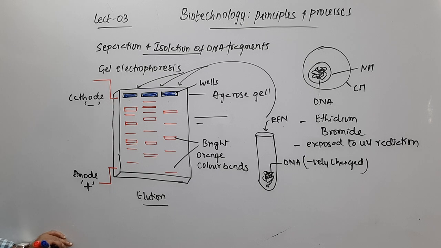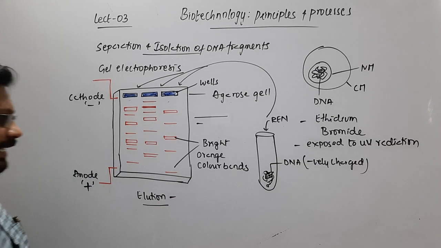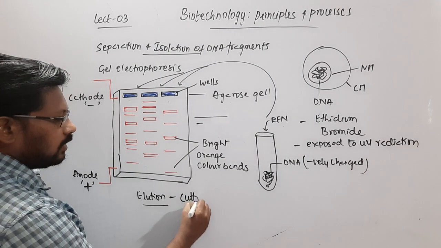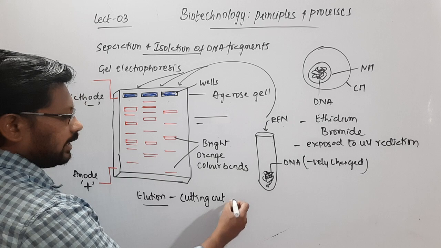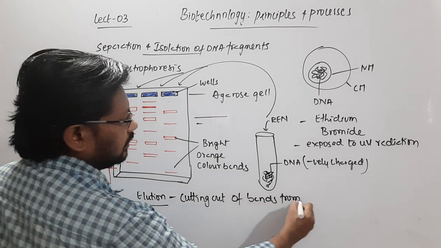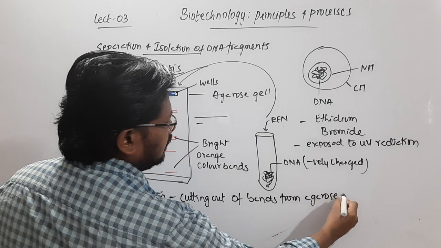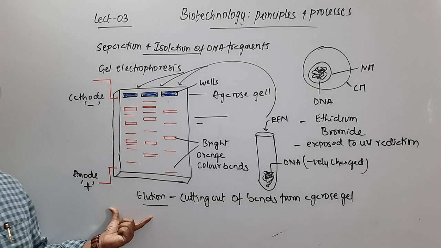So the separation of bands, or cutting out of bands from agarose gel, is what we call, I'm sorry, elution, right?